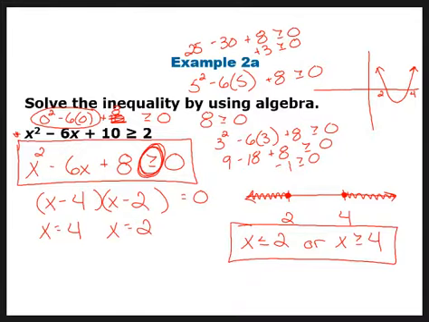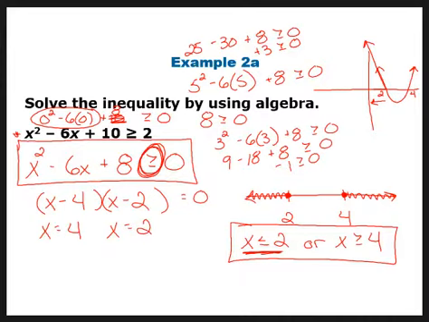Well, if you look at it, anything to the left of the 2, you can see how my graph is above the x-axis. Well, that satisfies this part here. So any x value I would put in that's less than 2, my graph is above the x-axis.